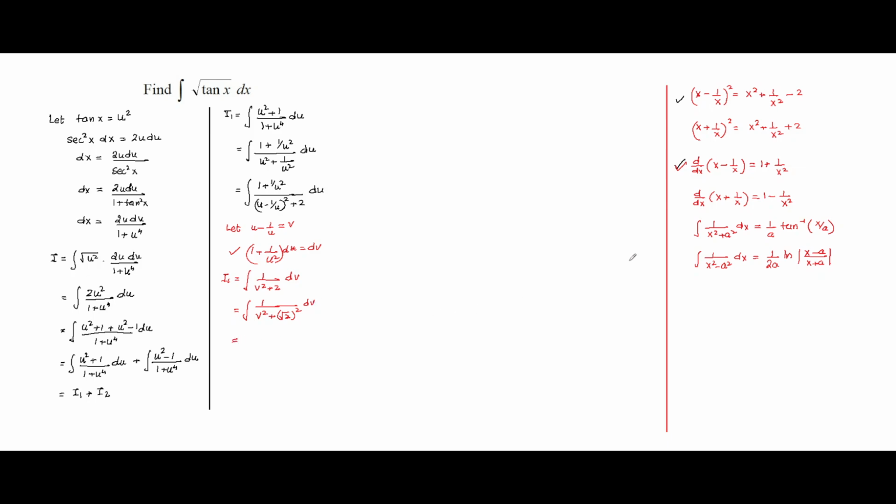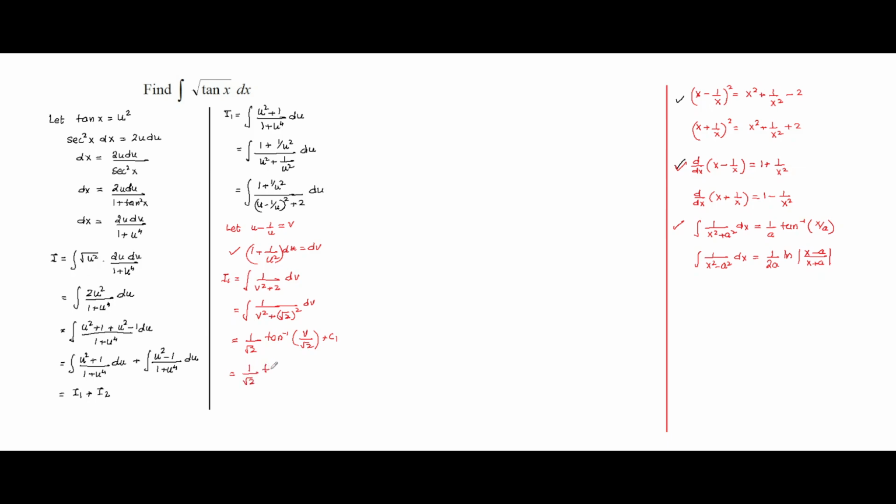Now this represents this formula 1 over x square plus a square dx, and so using that formula, 1 over a tangent inverse v over root 2 plus c1, and that gives us 1 over root 2.